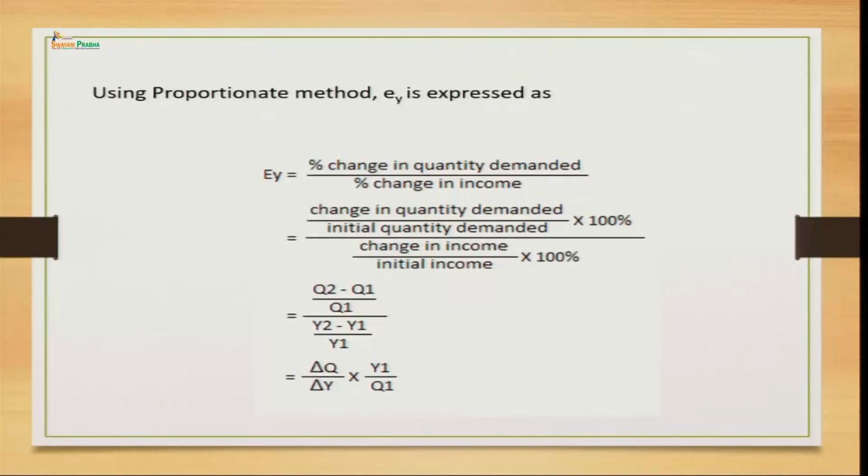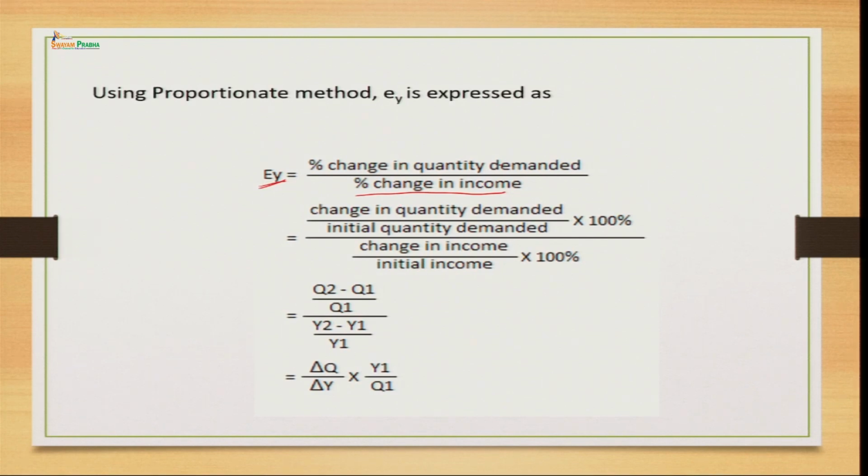Now, again these are the formulas, or this is the way you can calculate the income elasticity. Here we are denoting income with Y: the percentage change in the quantity demanded upon percentage change in the income, or the other way you can write it is change in the quantity demanded upon initial quantity demanded, that means the previous quantity demanded at the previous or initial income.